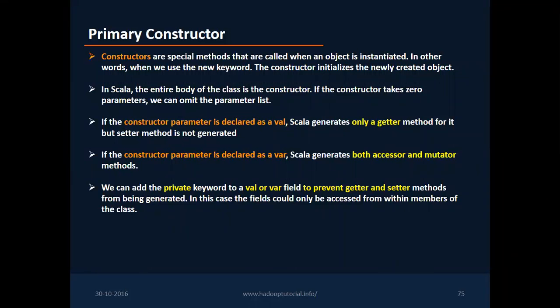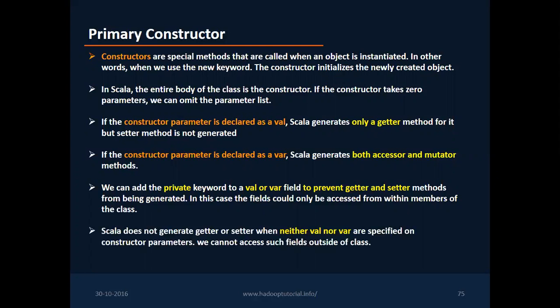I hope it is clear for you guys now. If you declare your fields as private, then those fields will be accessible only inside your class. And Scala does not generate getter or setter methods when neither val nor var are specified on constructor parameters.